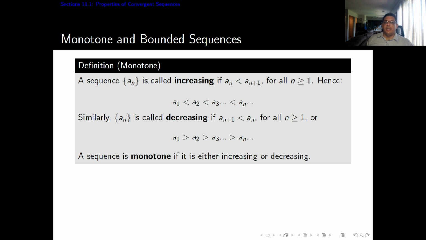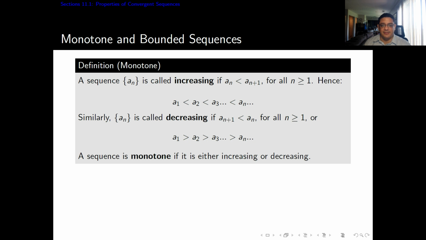Now, another property that is common when we have convergent sequences, or conversely, some properties that are going to point towards a convergent sequence, is the monotone and bounded properties. So first, what is monotone? If we have a sequence that is increasing, that means that the successor term is always bigger than the term before.